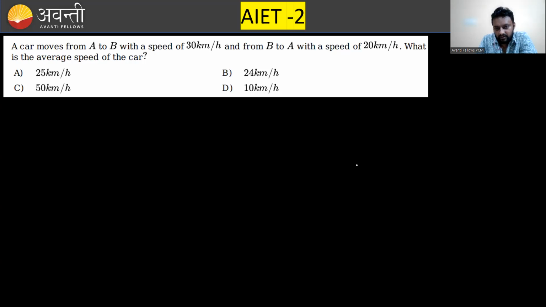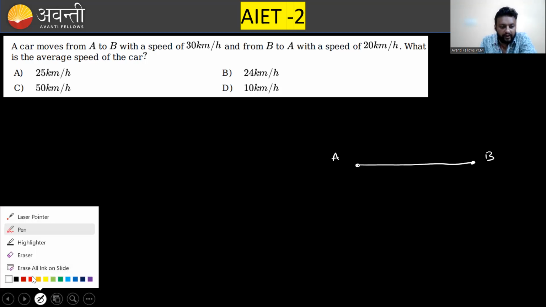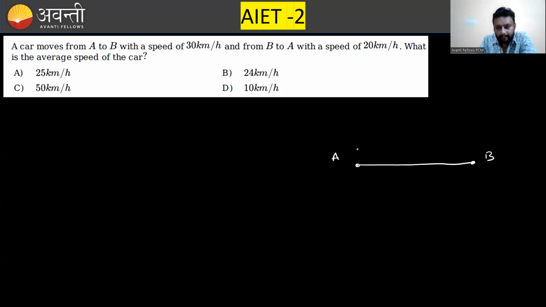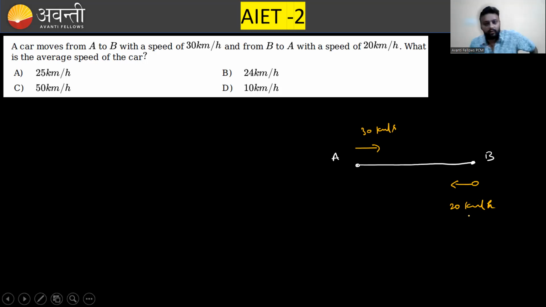First of all, let's suppose this is point A and this is point B. It is moving from A to B with a speed 30 km per hour, and then it is returning back from B to A with a speed 20 km per hour. Clear?